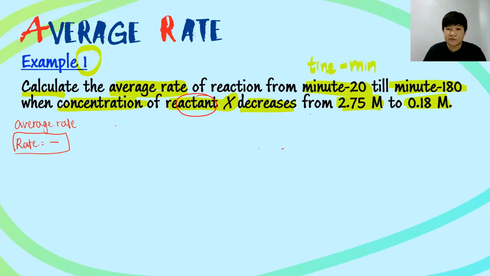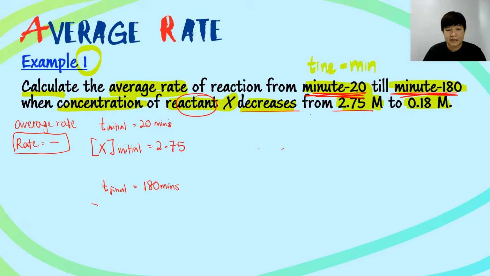The other information that we have is the time initial, given as 20 minutes. And then you have your time final, given as 180 minutes in the question. From 20 minutes until 180 minutes, the concentration of reactant X decreases from 2.75. So the concentration of X initial will be 2.75, and then X will drop until 0.18 molar.